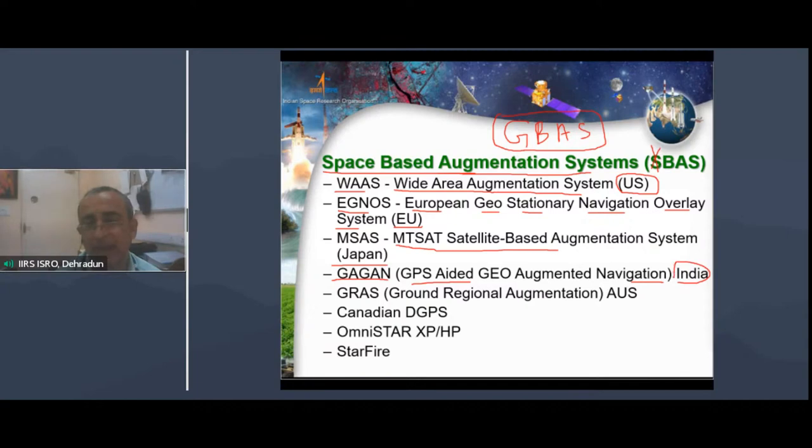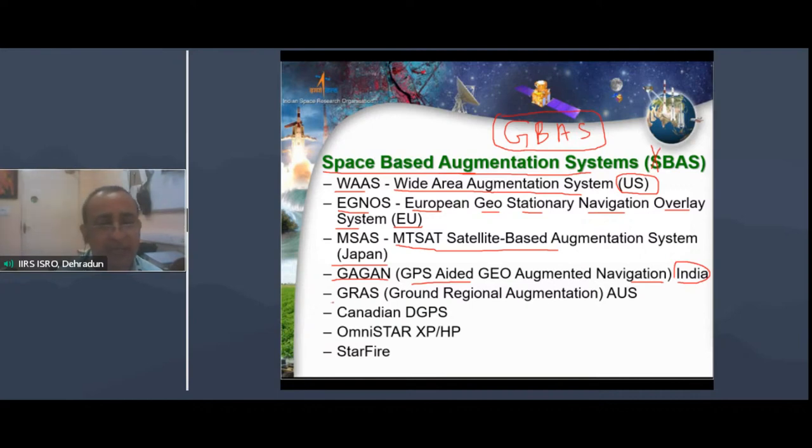It was developed by India. It receives the GPS signals from the USA based Navstar satellites, calculates the GPS corrections, and then those corrections are uploaded to a geostationary satellite. The geostationary satellite broadcasts these corrections to a very wide area. We'll see how wide that footprint is.